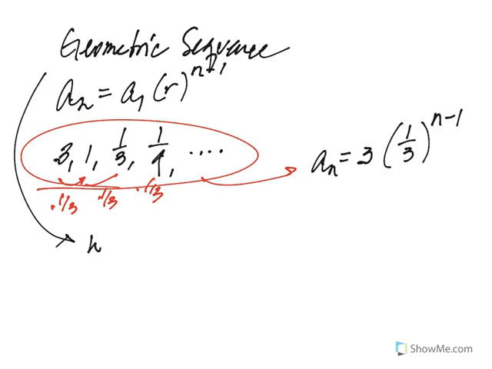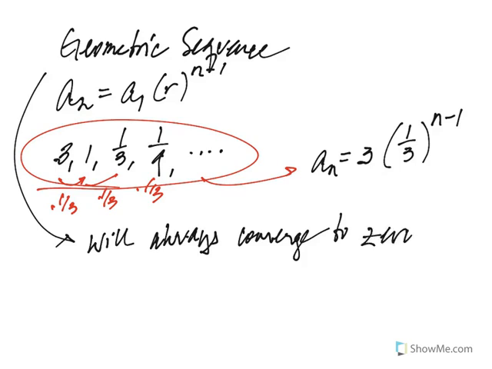And a geometric sequence will always converge to 0 if the absolute value of r is less than 1. So it doesn't even matter if it alternates.